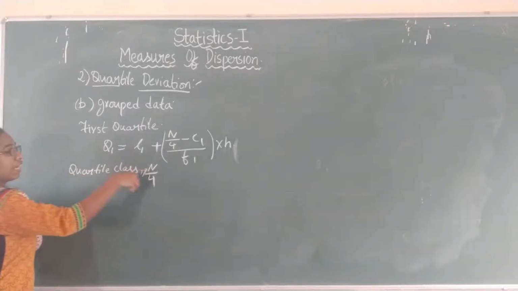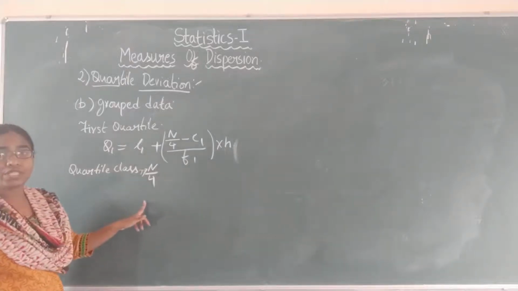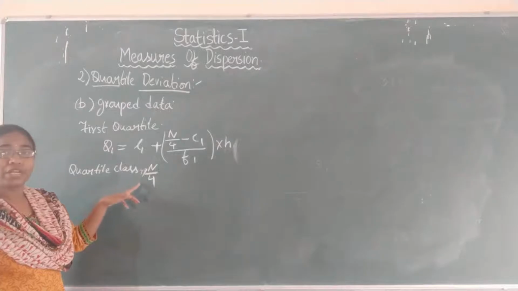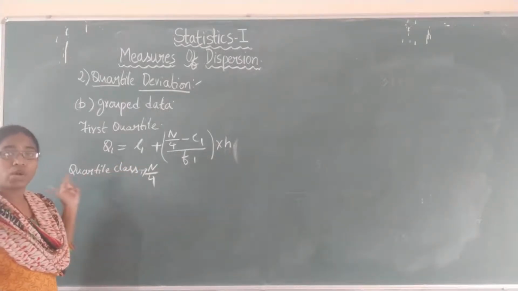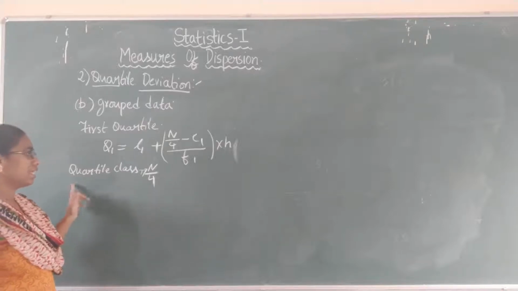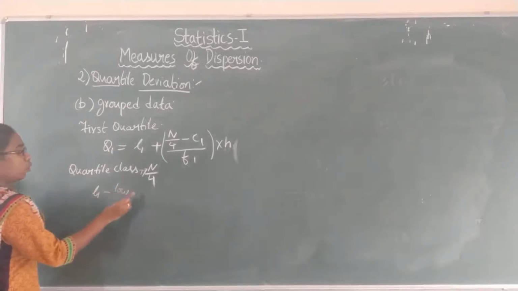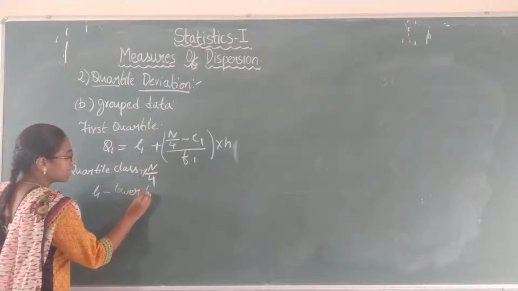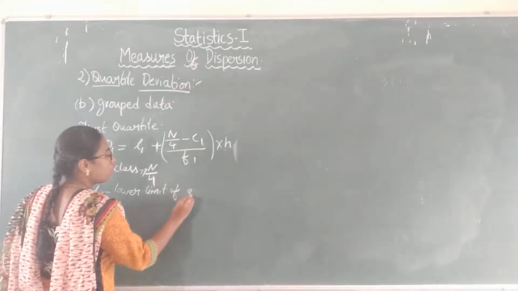So for the quartile class, you need to calculate the N by 4 value. In the cumulative frequency, wherever you get the cumulative frequency just greater than N by 4, that corresponding class is considered as the quartile class. After finding the quartile class, you consider the lower limit, that is L1, the lower limit of the quartile class.